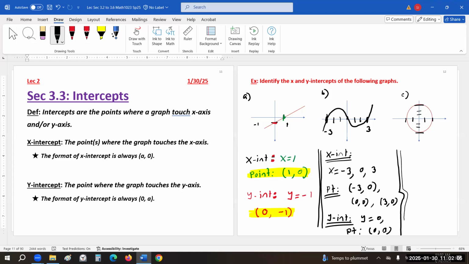Let's see the next one. Volunteer for the next one, C. X-intercept. Where we are crossing the x-axis. Come on, guys. Next volunteer. No volunteer? How about you?